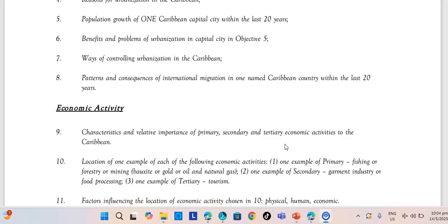Now, what do we mean by secondary economic activities? These include making products from raw materials. So when the farmers produce the raw materials, secondary economic activities make products from those raw materials. Examples: manufacturing, construction, oil refining, food processing. Now, characteristics of secondary economic activities include that they take place in factories and industrial areas, those are the places where they convert the raw material into something.